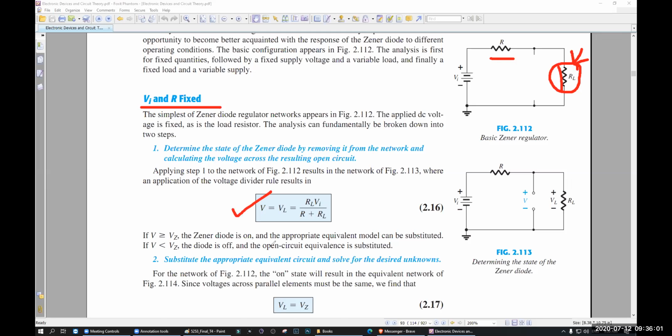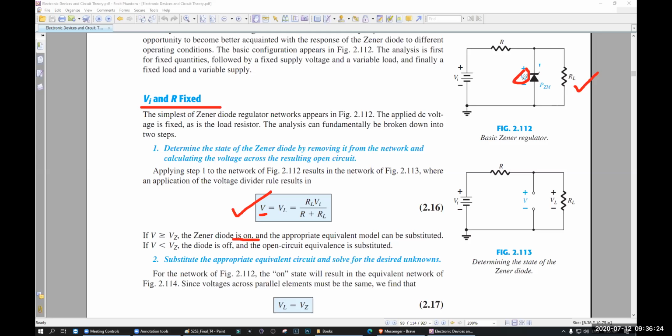Now if VL is greater than or equal to VZ, that means the Zener is on.